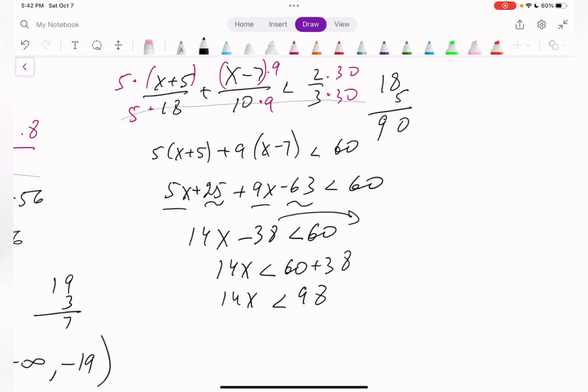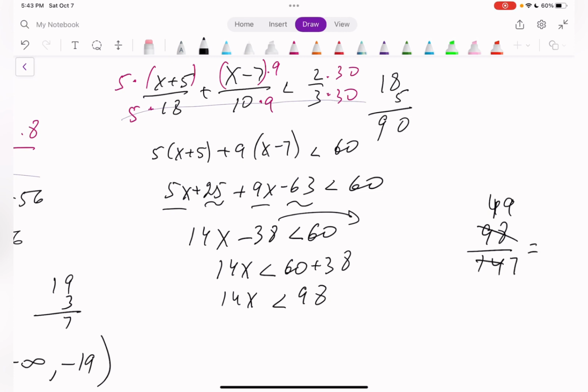How many times is it going to be, 98 divided by 14? It looks like it's not going to be a whole number. Let me reduce this way: 98 over 14 by 2, it's going to be 49 over 7.